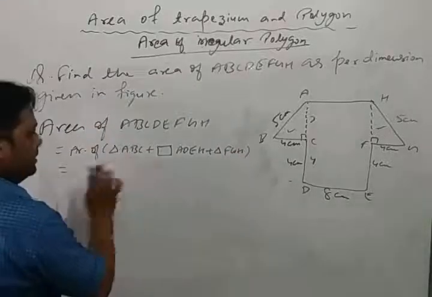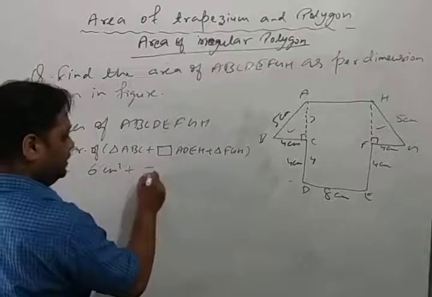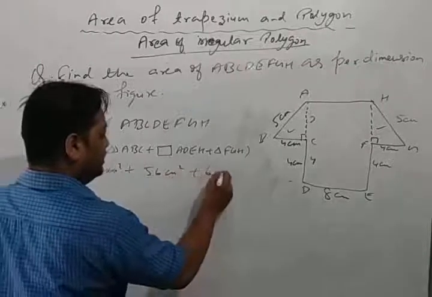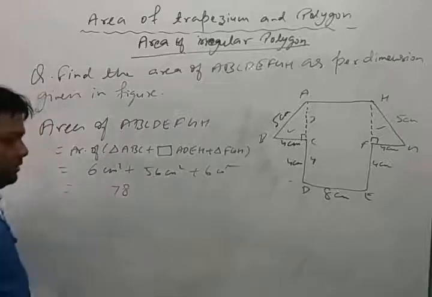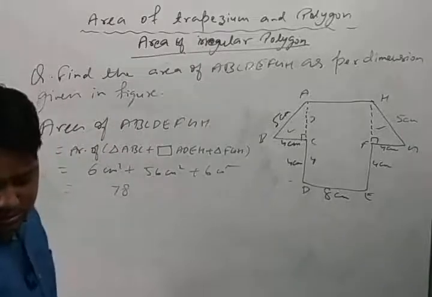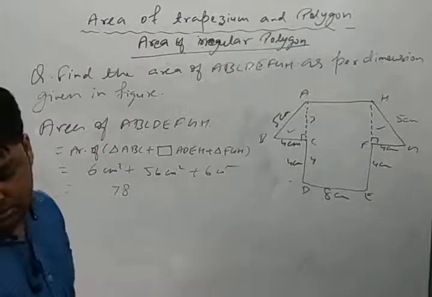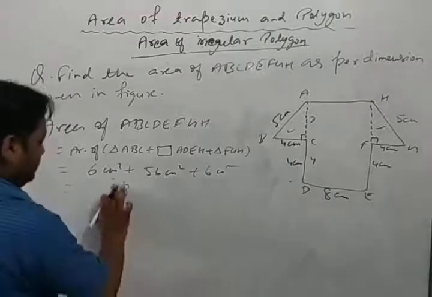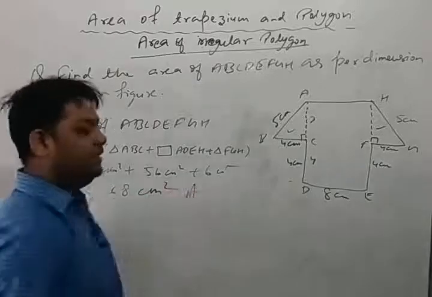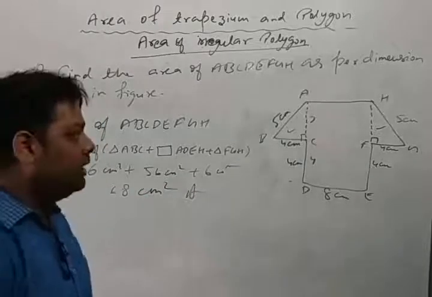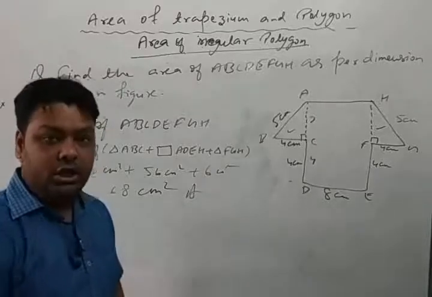So it will be triangle ABC 6 centimeter square, this is 56 centimeter square and this is 6 centimeter square. Then it will be 68 centimeter square. So like this we can find the area of any irregular polygon. Okay dear? Now let's recall some formulas also.